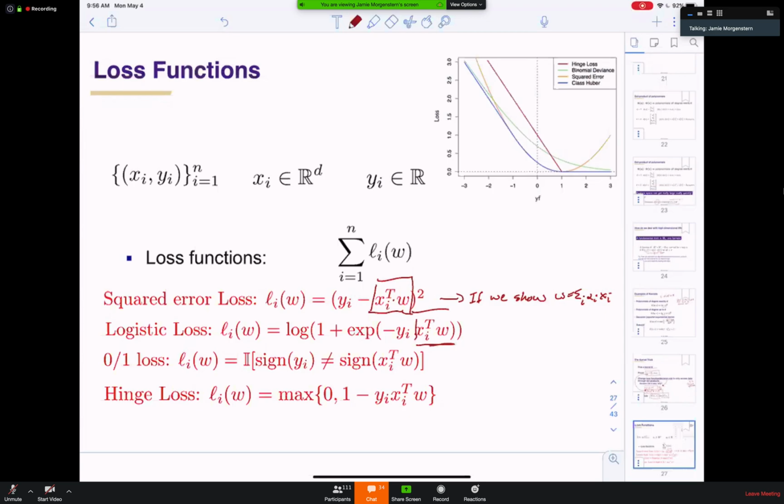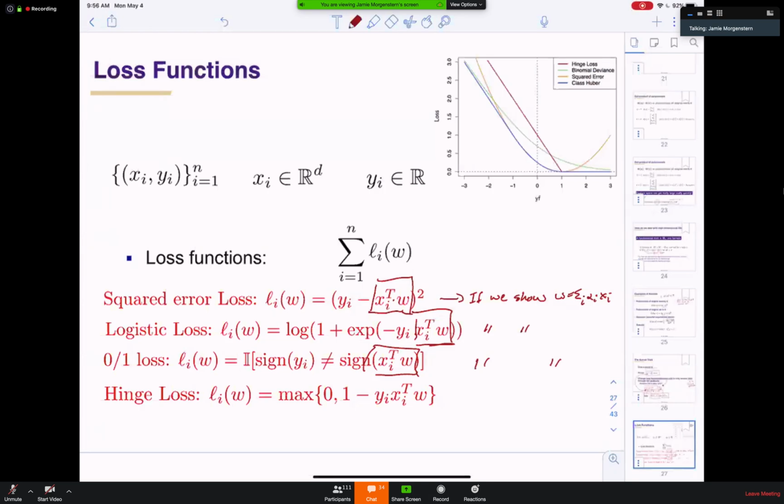Similarly, if we show the same thing for logistic loss, that the minimizer of logistic loss is equal to some linear combination of our training data, then xi transpose w can be written as a dot product of xi transpose and alpha I xi, which is just equal to dot products between xi and xj. 0-1 loss has the same property, if we can write that w as a combination of vectors.